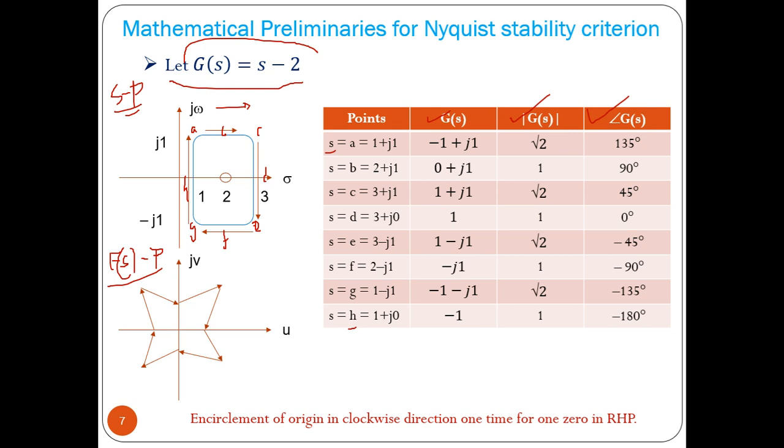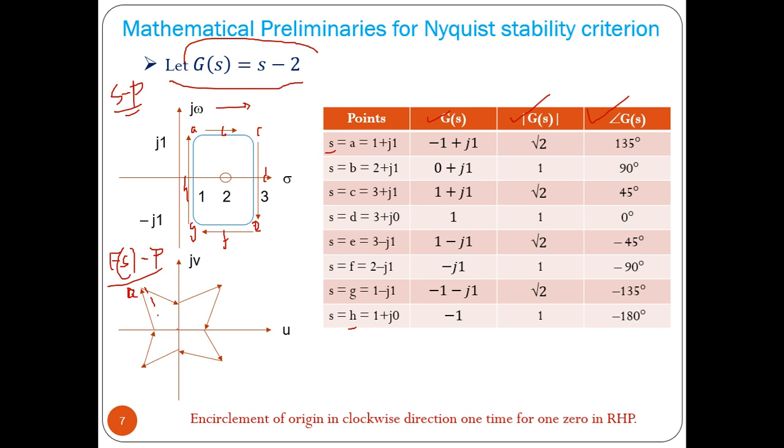So what we can observe from this table, if you plot, root 2 is the highest value, greater than 1, and it starts from 135. Plus 135 is here, so this is your point A, with root 2 magnitude at plus 135 degree.